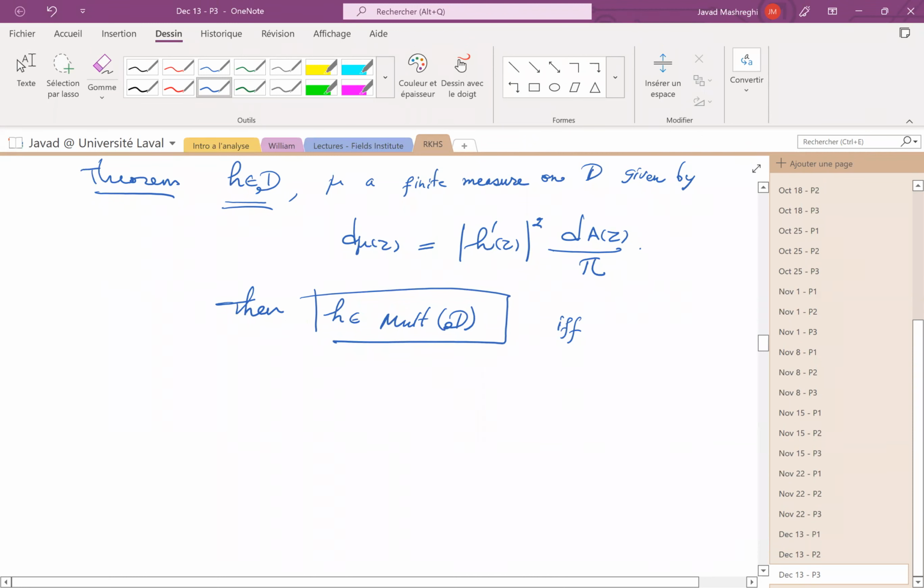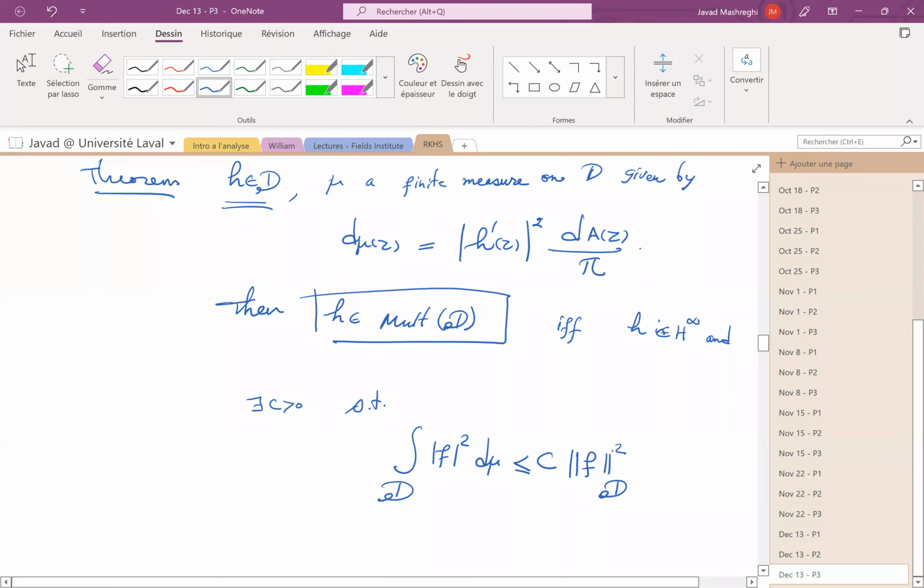This means, more explicitly, that h is bounded, or h is in H infinity, and there is a constant C such that the integral over the disk of |f|^2 d mu is controlled by C times the norm of f in the Dirichlet space squared.